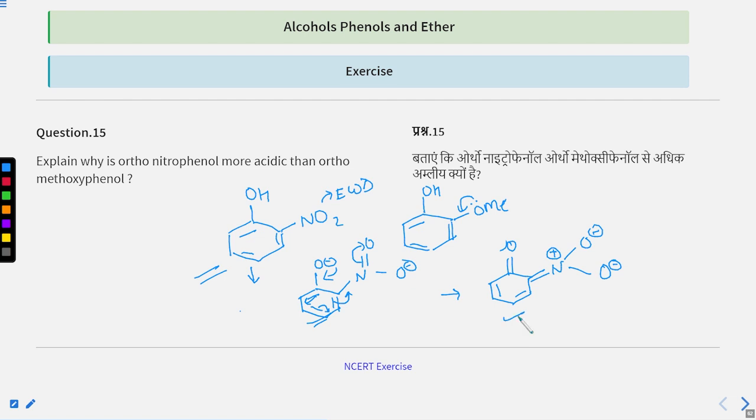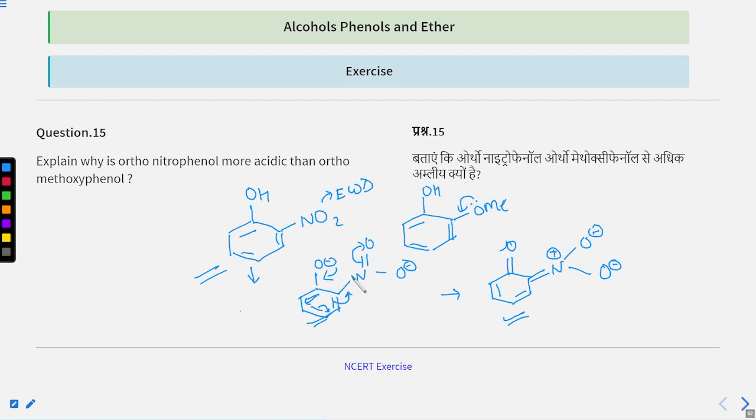So this is the structure. Now next, if you want, you can make this in this fashion also. So this is the stabilization of the negative charge that is being formed on the oxygen. Due to this reason, the acidic character of the nitrophenol is more than the methoxyphenol.